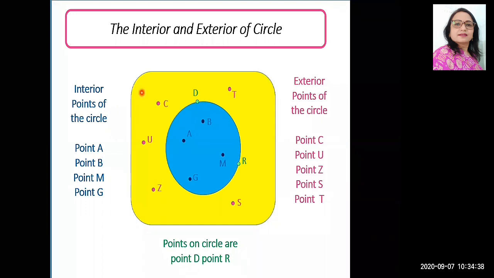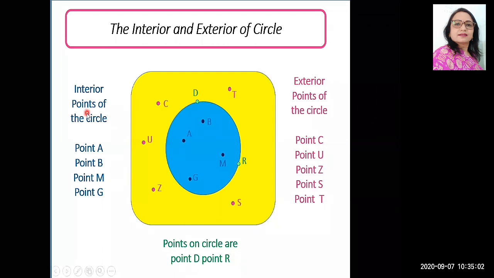Students, you all studied last year interior and exterior of a circle. This is the circle. This is the interior part of a circle. Circle के अंदर का part, which is shown in blue color. The yellow colored part is the exterior part of a circle. Circle के बाहर का part.